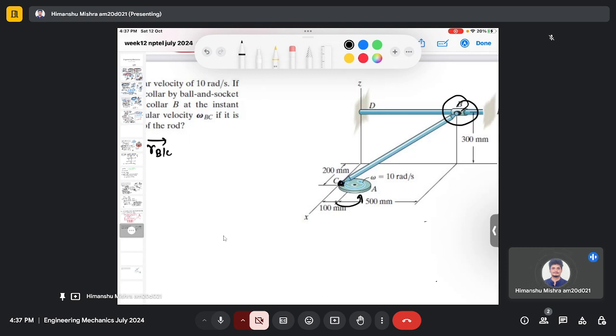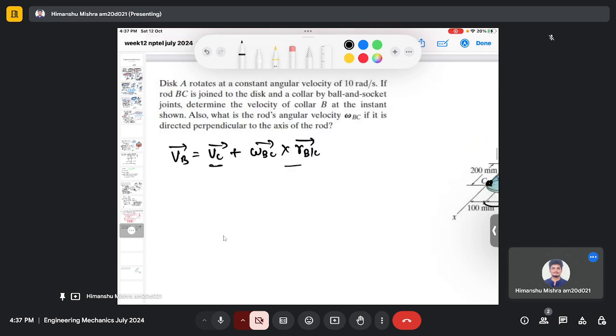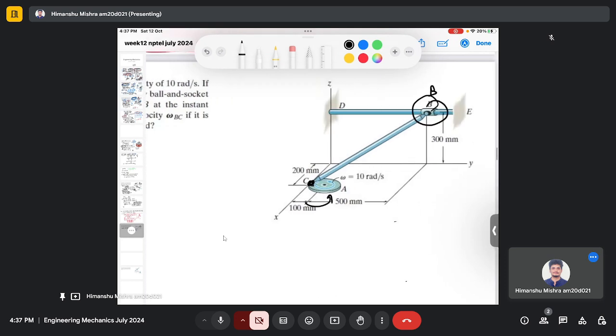Here we are given the motion of C, and we need to find the motion at B. You can see that at B, the collar can move in the y direction.